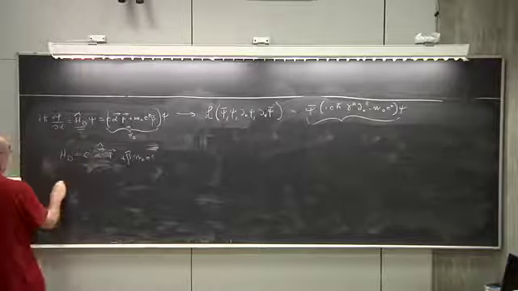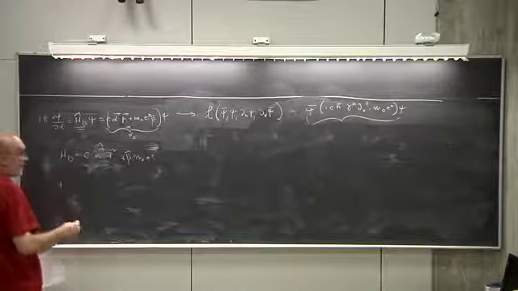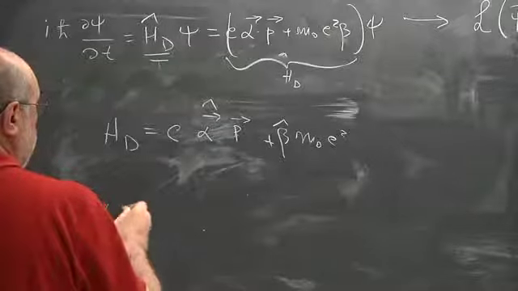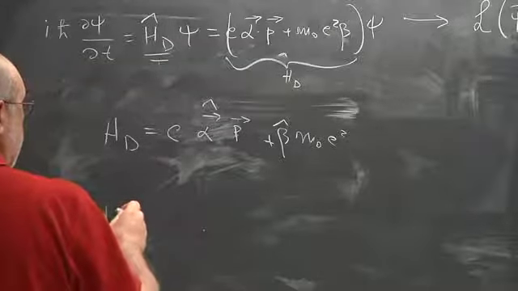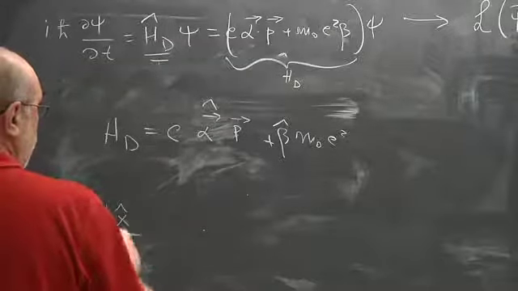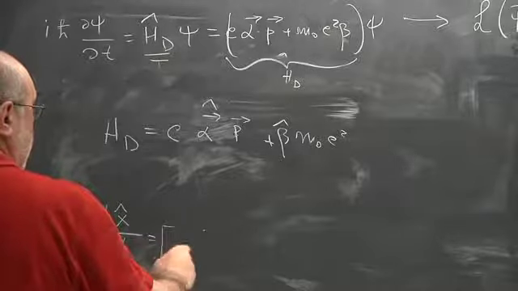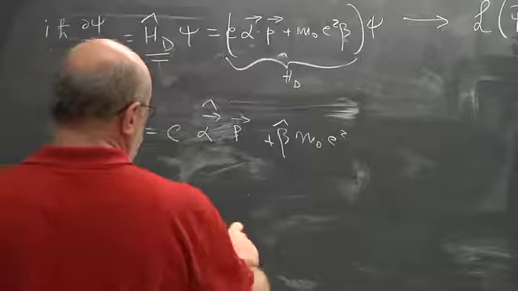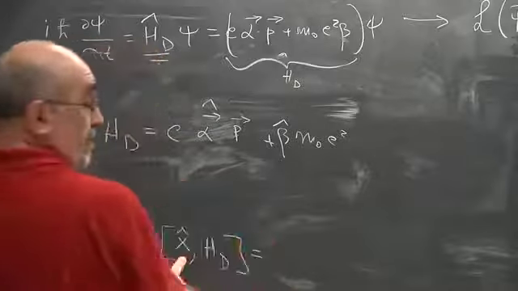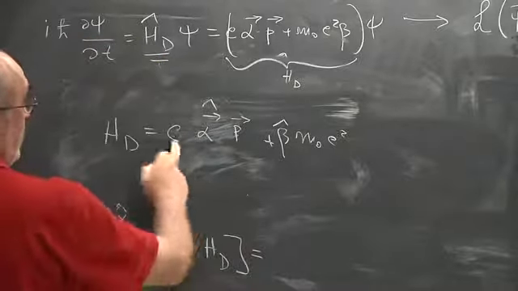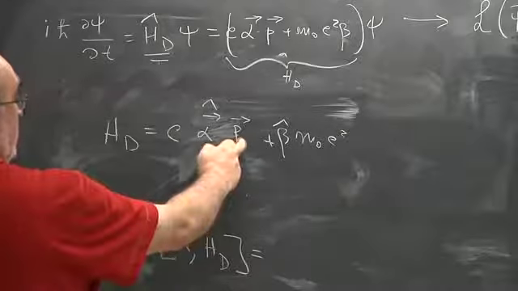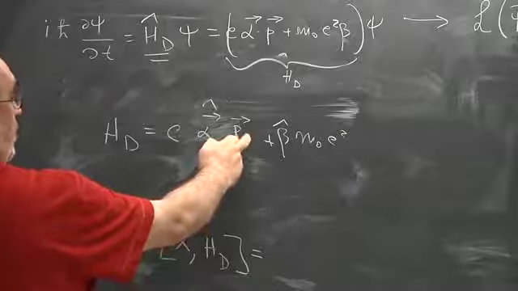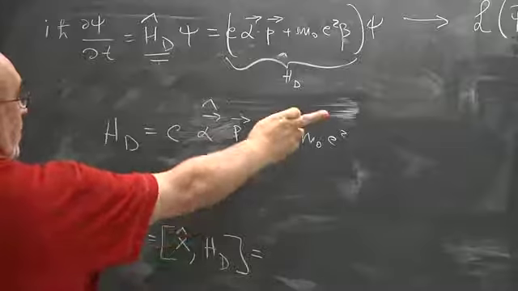Now let's stick to a single particle interpretation, and let's think that the velocity is the derivative dx/dt. Then let's suppose that we do the commutator between x and H_D. If you do the commutator of this with this, what do you get? x feels something that doesn't commute in p, with the other it commutes.